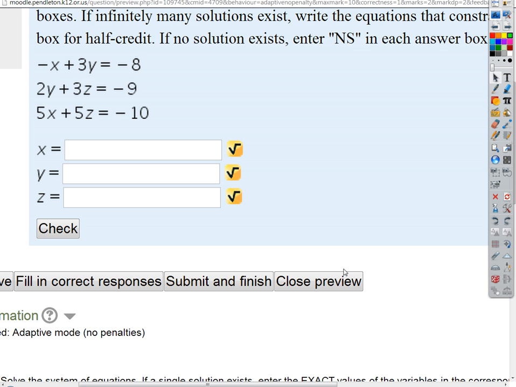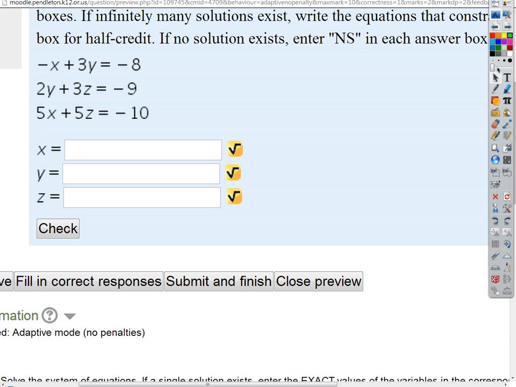Except when we put these into a matrix, they all have to line up. The X's have to all be in the same column, and the Y's have to be in the same column, and the Z's have to be in the same column, right? So how could I write that first equation? It's missing a Z, isn't it? Missing a Z term. So what does that mean the coefficient of Z is? 0, right.